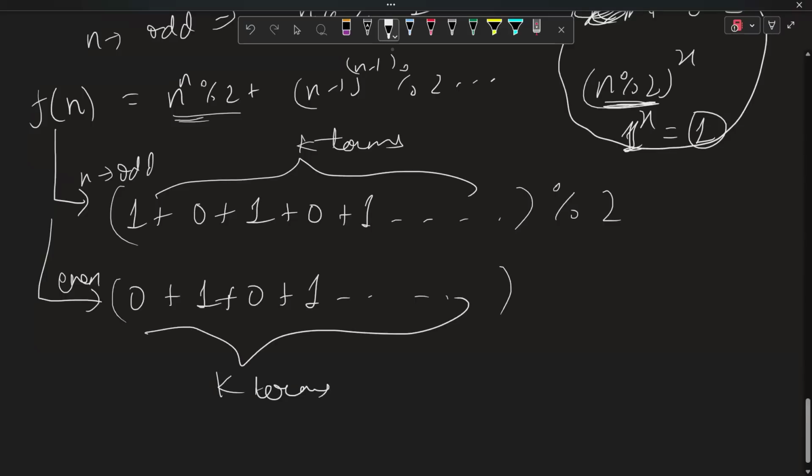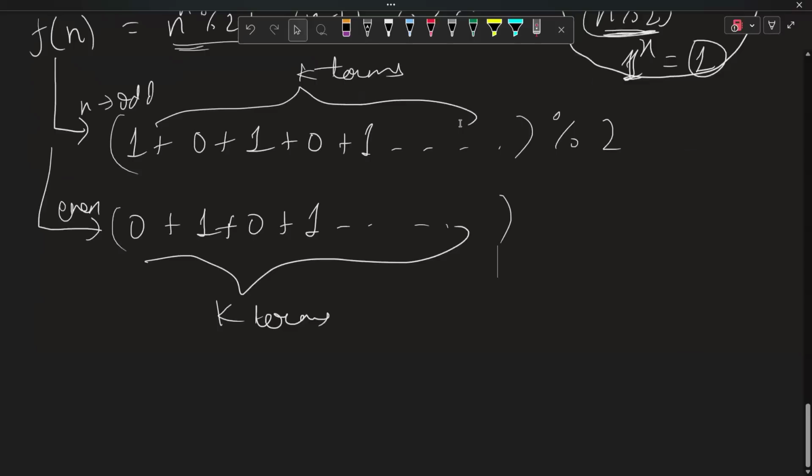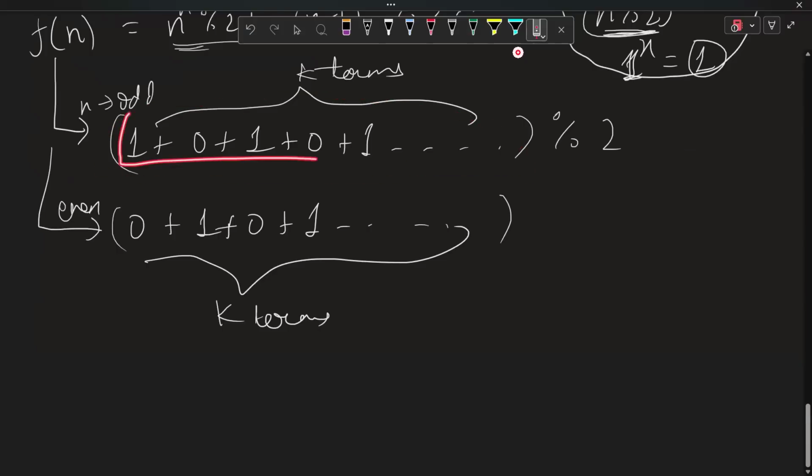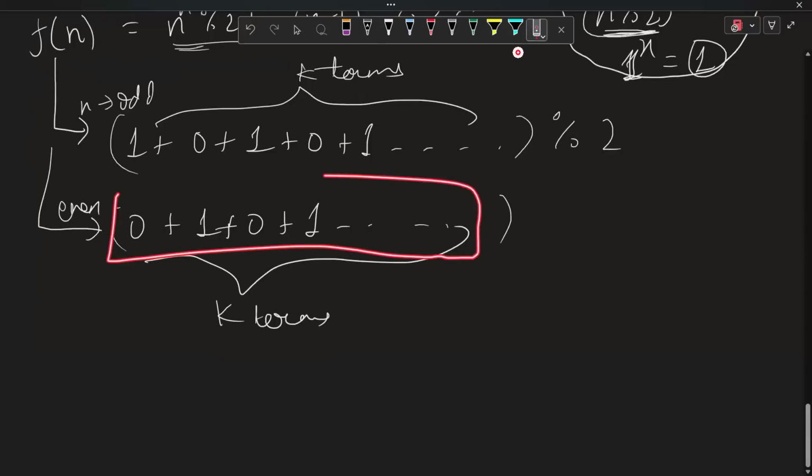So if you can get that, now what you need to do, if this k is even, is find out in this range from n to n minus k plus 1, from n going down up to k terms, how many odd numbers are there. That's what you need to find.